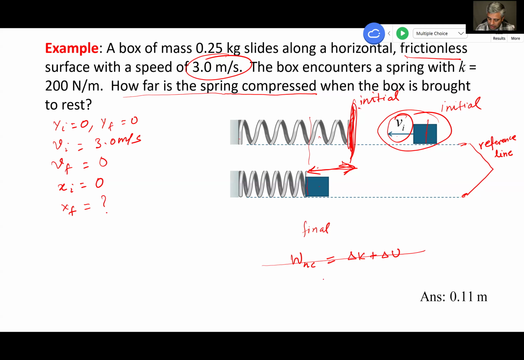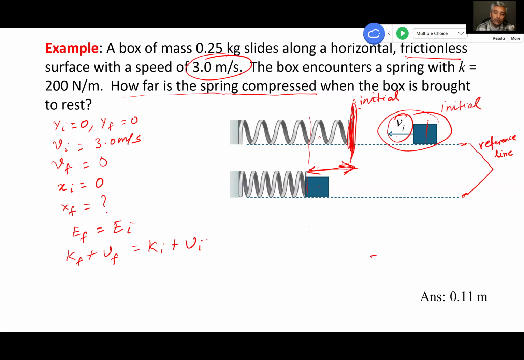Rather, we need to use this one here: total final equals total initial, meaning final kinetic plus final potential is equal to initial kinetic plus initial potential, just like before.